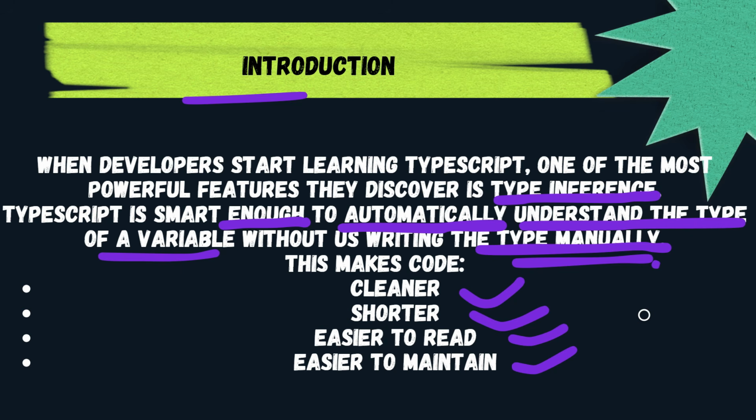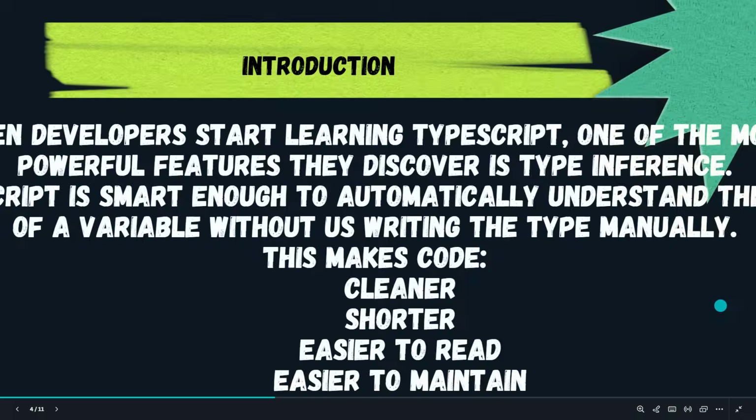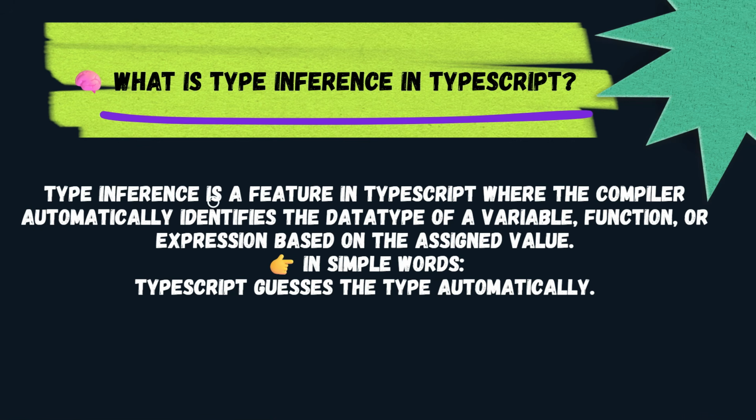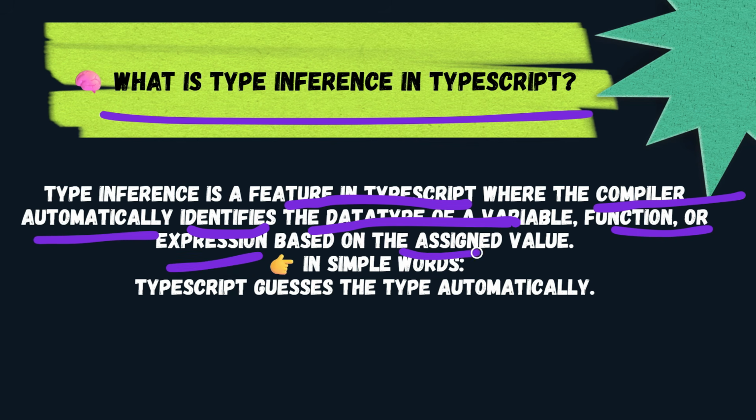So now, what is type inference in TypeScript? Type inference is a feature in TypeScript where the compiler automatically identifies or detects the data type of variables, functions, or expressions based on the assigned values.